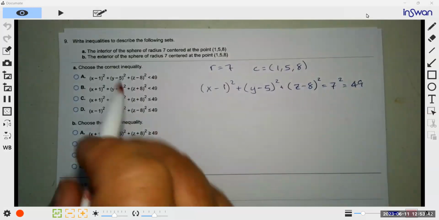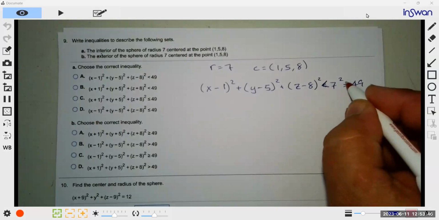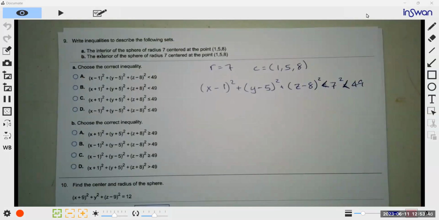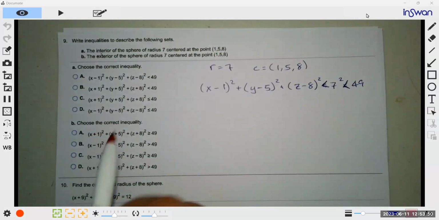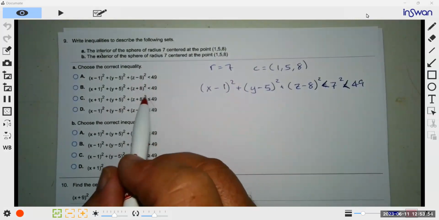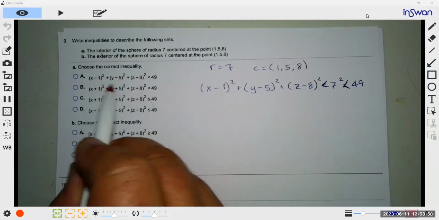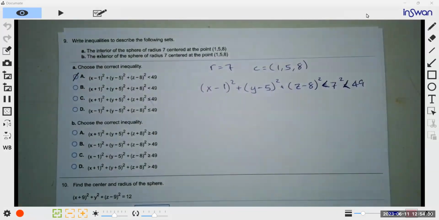That's the equation. But we only want the interior, so it's got to be less than that. It can't be less than or equal because that includes the shell. We don't want the shell. So it's got to be A.